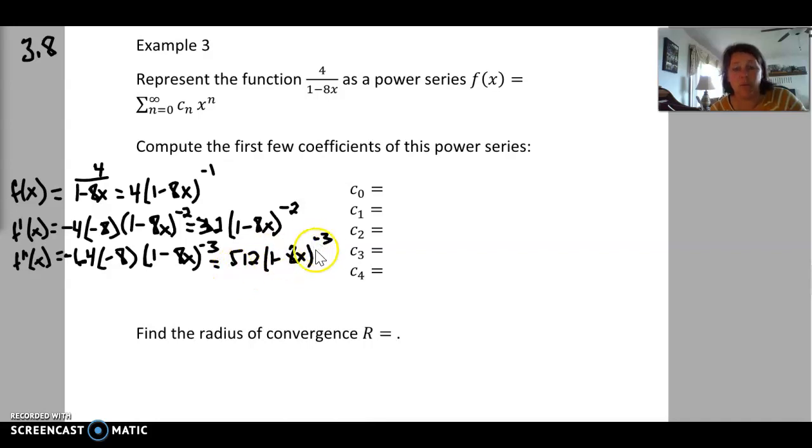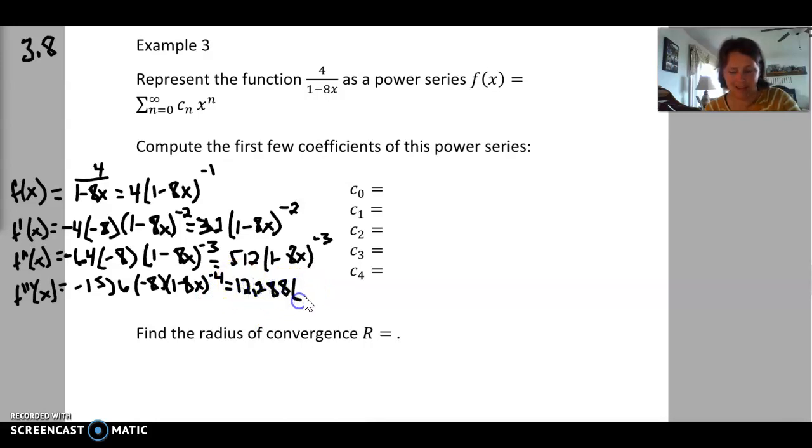So multiply 512 by negative 3 for our third derivative of x, and that is going to equal negative 1536 times the chain rule again, so negative 8, and then 1 minus 8x to the negative 4, which then equals 12,288 times 1 minus 8x to the negative 4.